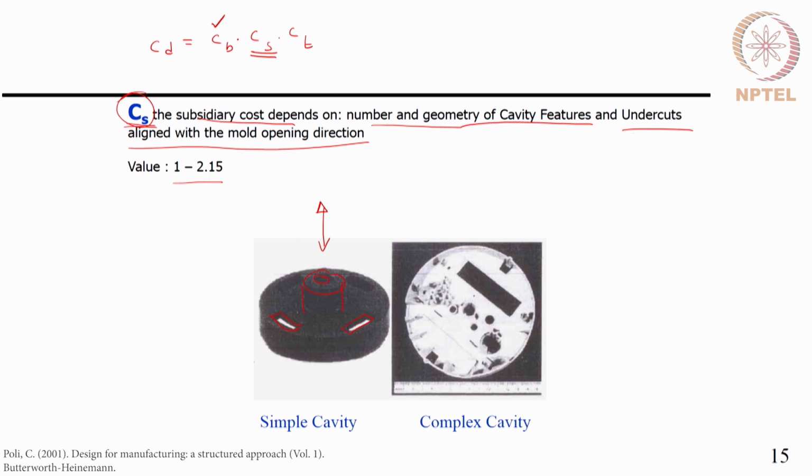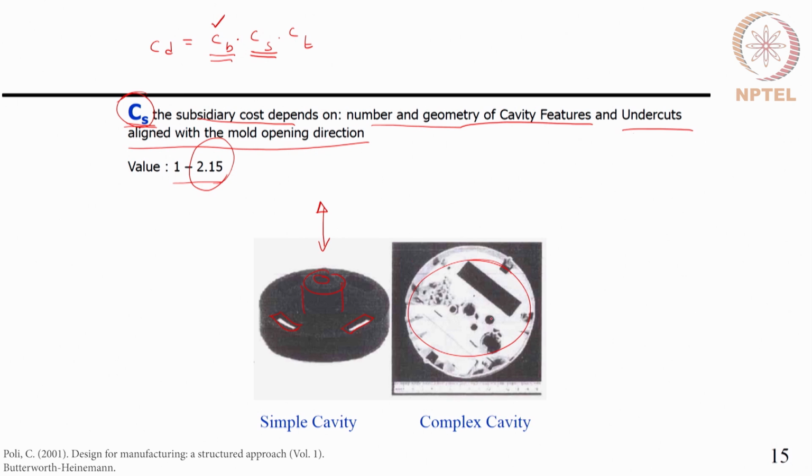That means the subsidiary cost need not change the basic cost if it is 1. The subsidiary cost can increase the basic cost as much as twice or 2.15 times depending upon the complexity of the cavity features.